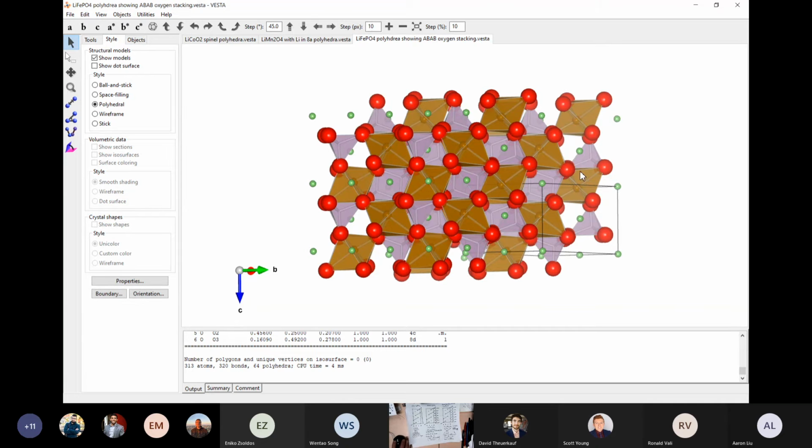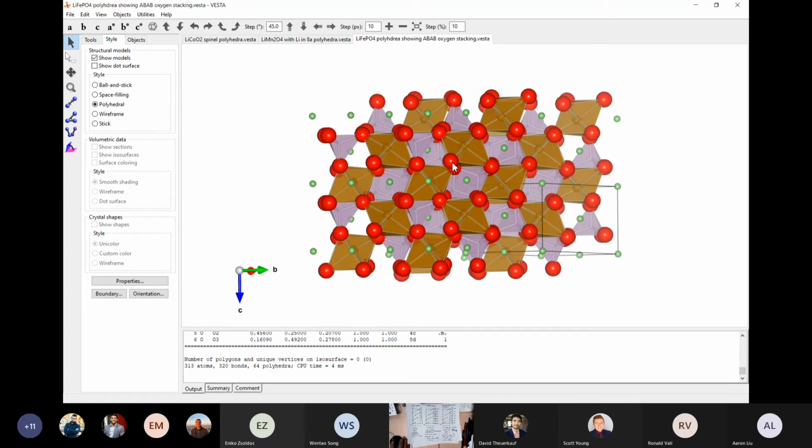If you look from the top, you'd see it was a triangular lattice, slightly distorted, of oxygens. So these are on the A sites, and then it's shifted over to B, then back to A, B, A. So this is hexagonal close-packed oxygen.